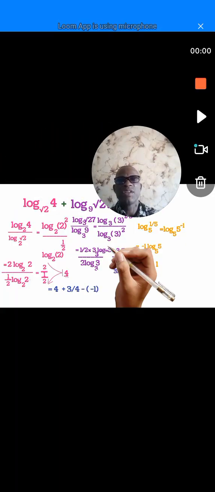That is to say, 4 plus 3 over 4 minus into minus 1, which will give me 4 plus 3 over 4 plus 1, which eventually will give me 5 whole number 3 over 4. And that is the answer.